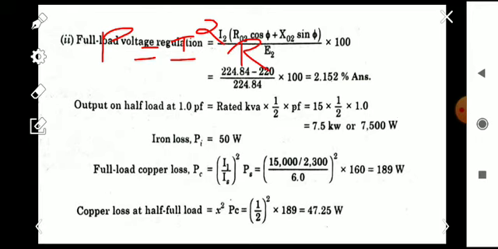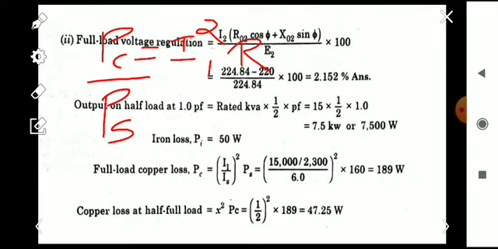So the full load copper loss Pc, we know the equation, Pc is equal to I1 square R corresponding. So we can write a ratio, that is, we know that the copper loss at 6 ampere is 160 watt as per the short circuit test. So we can write the ratio Pc by Ps.